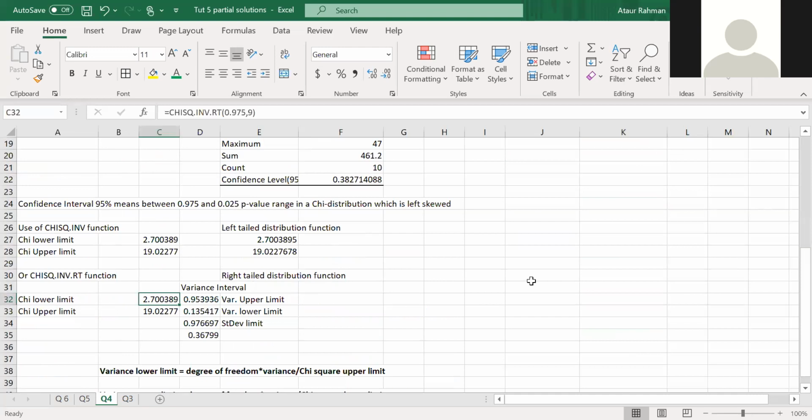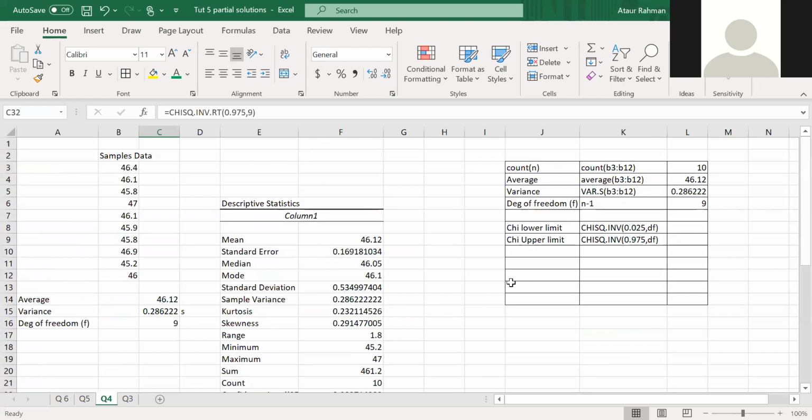So how do you get the bottom limit again? 0.025. I think this one is the other way. When we are finding the confidence interval, then really it's 95%.